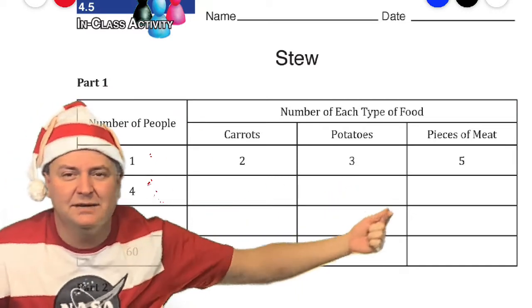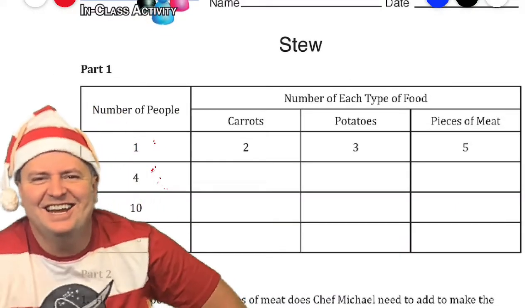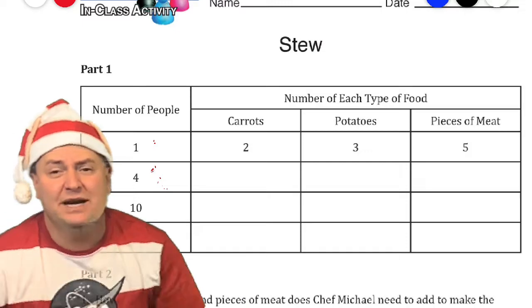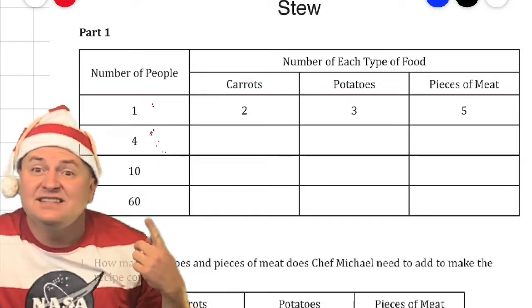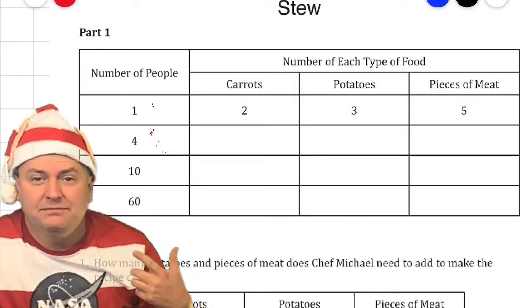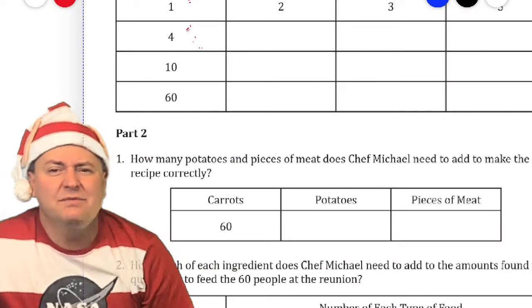And 4 times 5, sorry, I guess that's 5. It's kind of hard, I'm seeing it backwards. So you're going to do that for one person, 4, 10, and then 60 for the family reunion. All right? Now, fill those out with your partner, and then you're going to come to part 2.